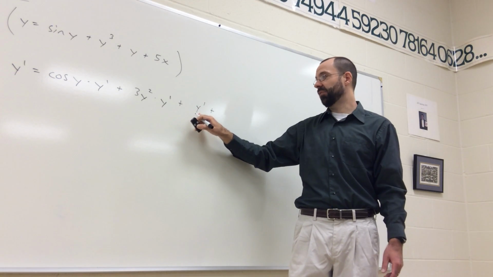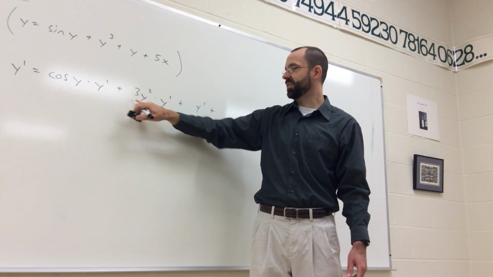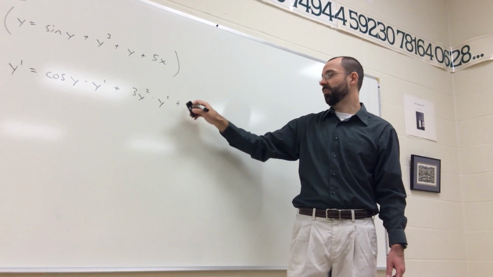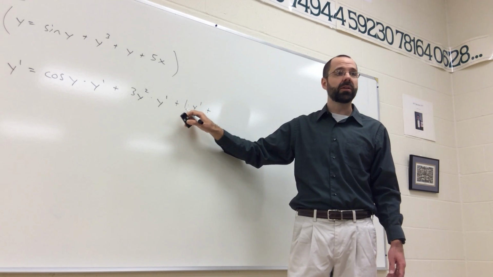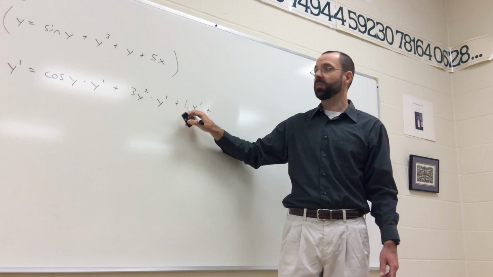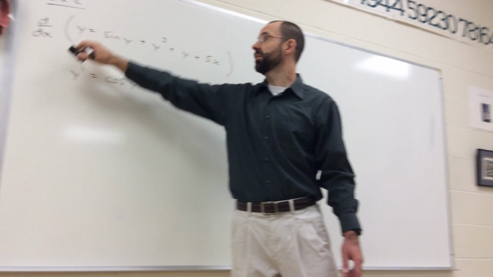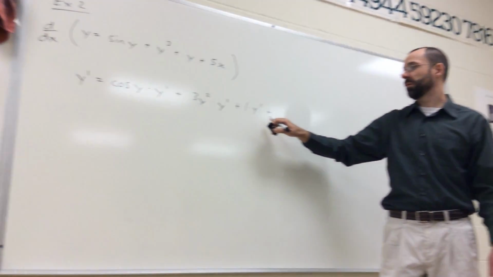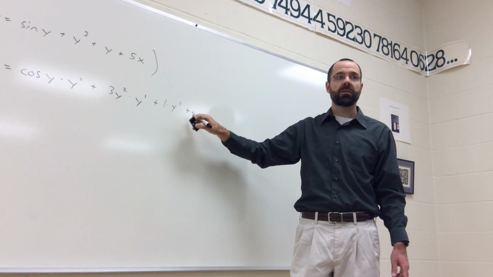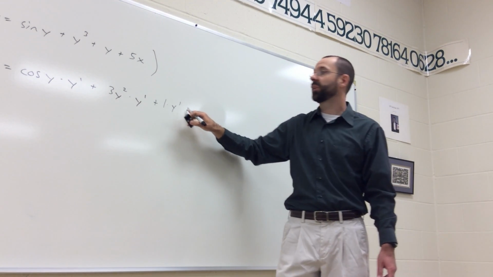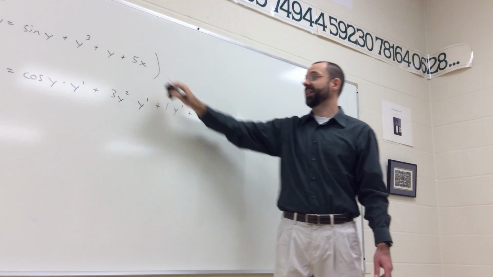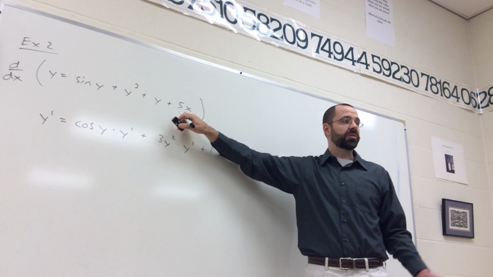And because of that, it confuses people, because people wonder, well, this has something with it, but this doesn't. So if that's going to bother you, it's okay to put the 1 there. We could have put that over here, too. This is 1 times y prime. Everybody still doing okay? All right, and then the derivative of 5x is 5, because that's not a disguised chain rule, because it just has an x in it.